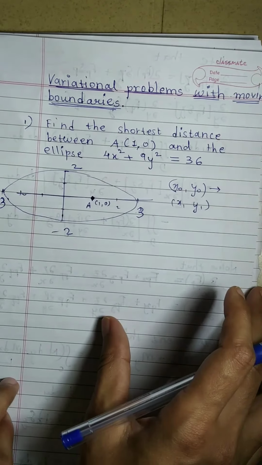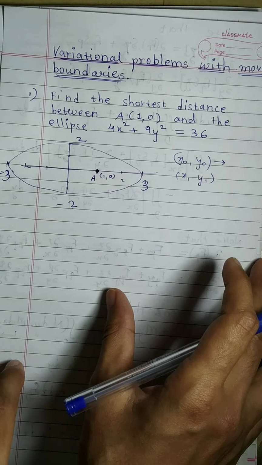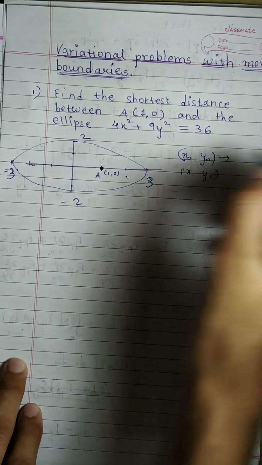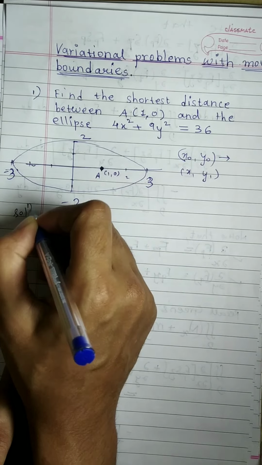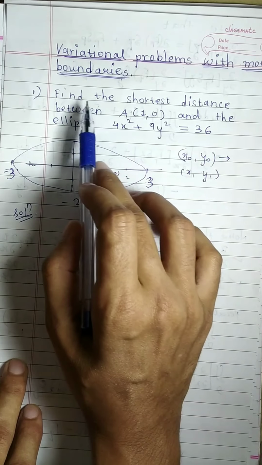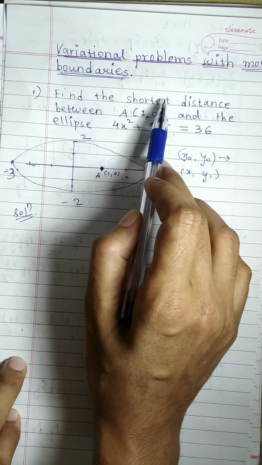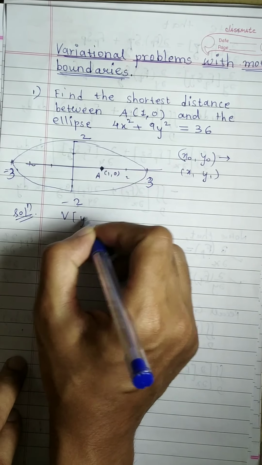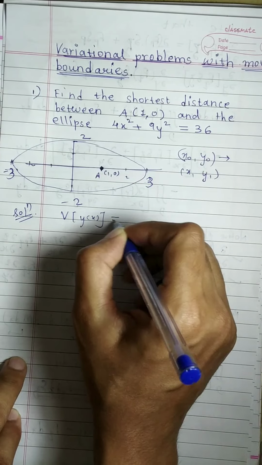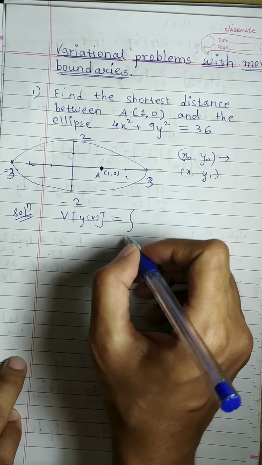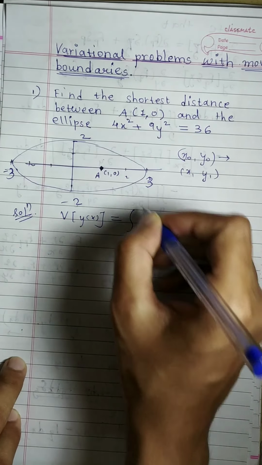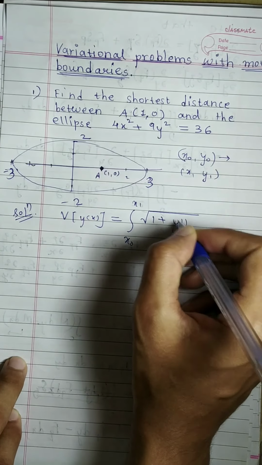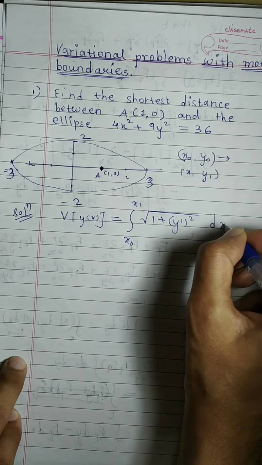So we have already noted down the steps of solving such a problem. Let us start with the first one. It's clearly given that we want to find out the shortest distance. Hence, I of y comma x is equal to the integral from x0 to x1 of root of 1 plus y dash square dx.